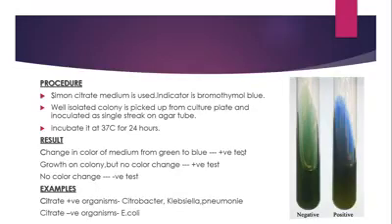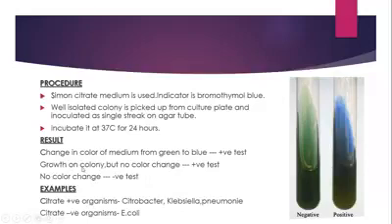The results will show, as I told you, if the color is changing from green to blue, that means the medium is turning alkaline, that the citrate has been used as a source of carbon, and that means the test is positive. So a change in color of the medium from green to blue is a positive test, and no color change, where the color is still green, means that no citrate has been used, and the test is negative.